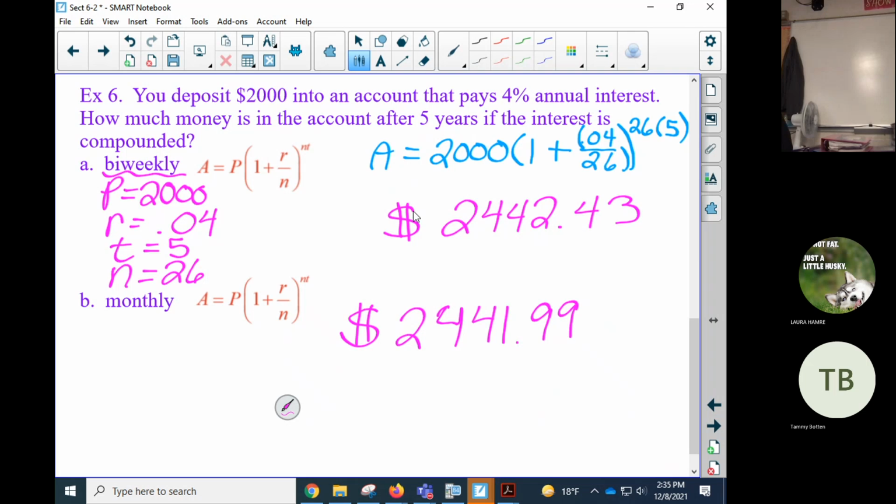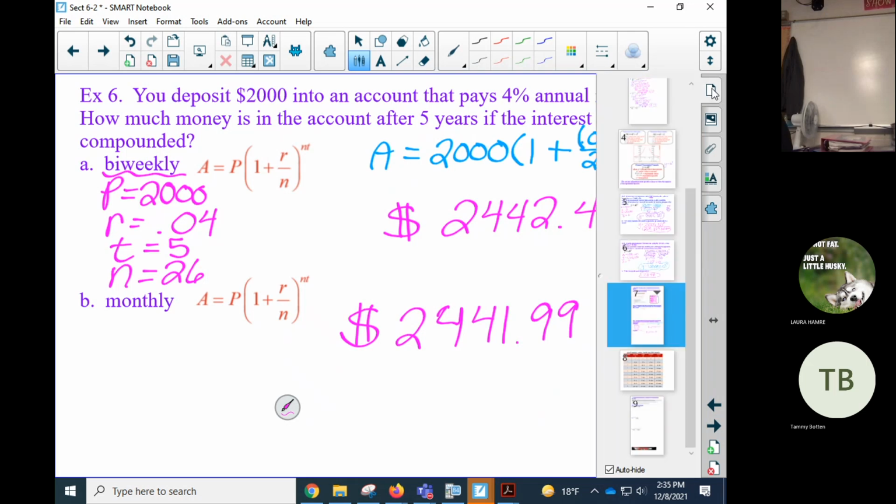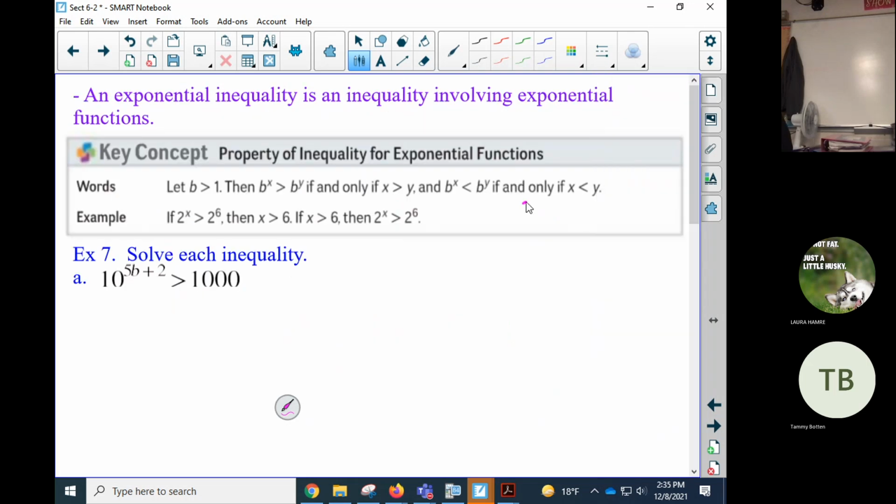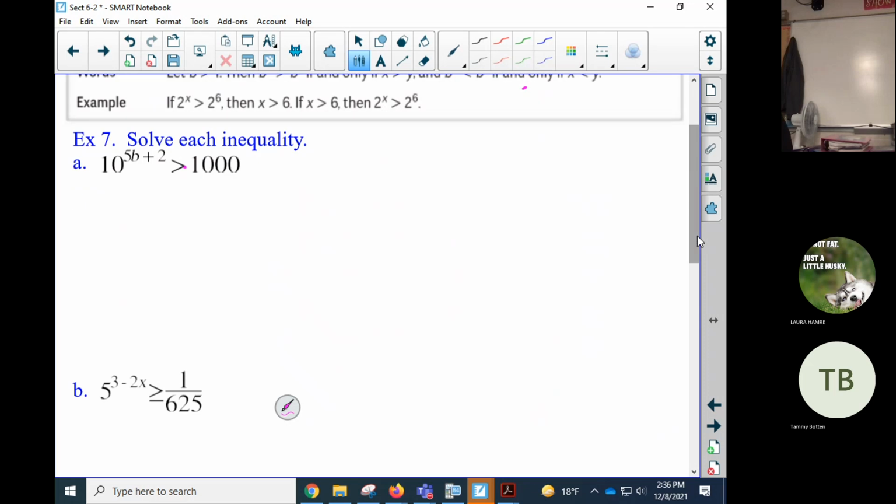Okay, last page. This last page is exactly how we started today, except instead of an equal sign, we have a greater than or less than sign. So we have an inequality. So if you look here, what powers can I have for 10 and 1,000?